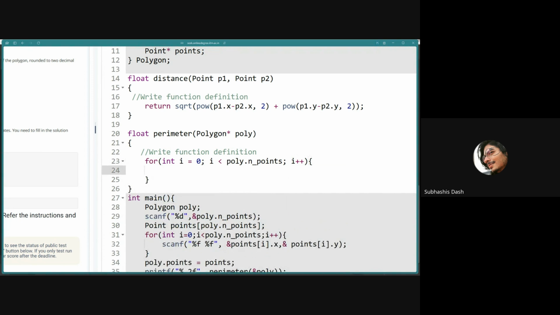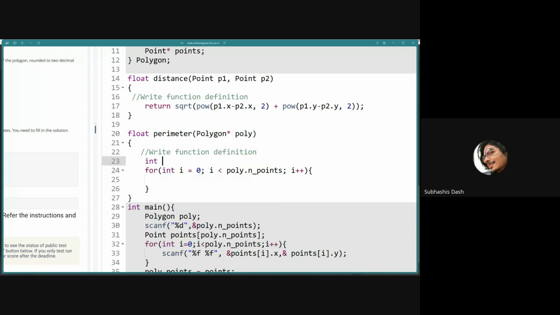This will count from 0 to n points. Now we need a sum variable as well.